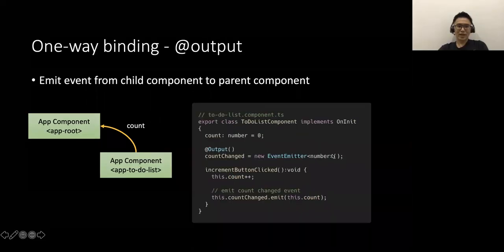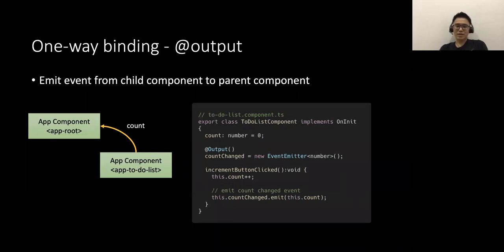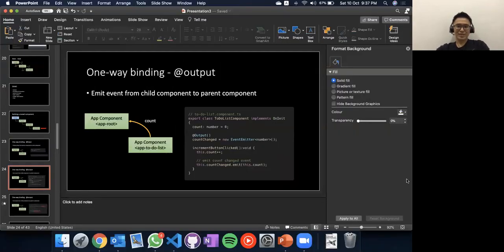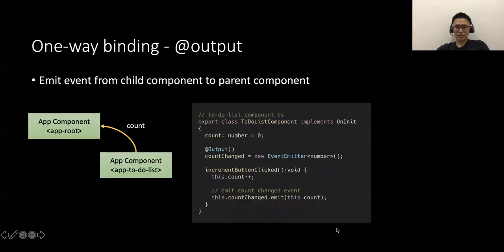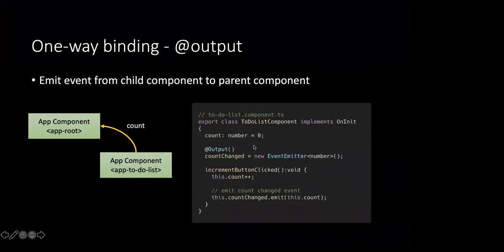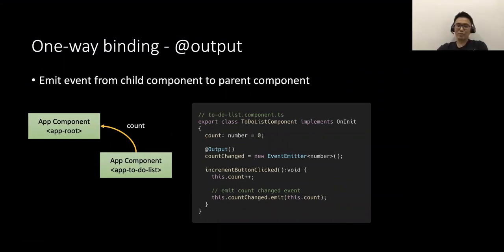And then sometimes we want to raise an event to a parent class, or we need to send some value to a parent class. We need to use this output. So how do we create an output attribute?